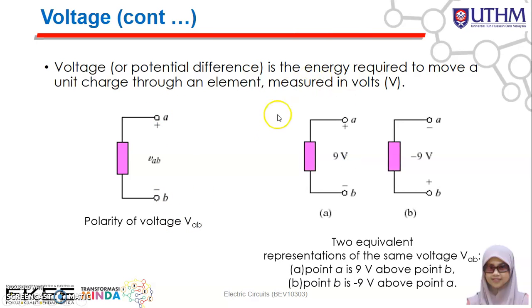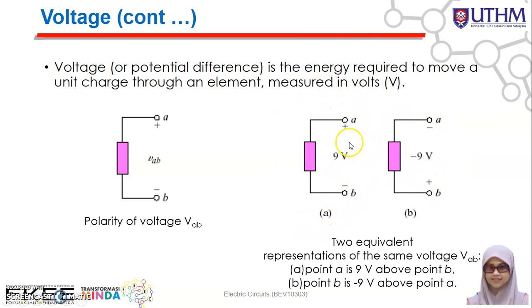Let's say you have two equivalent circuits, basically this circuit and this circuit. Here you put positive, negative, with positive 9 volt. In the other, here is negative and here is positive, and you put negative 9 volt. It's actually this circuit and this circuit are equivalent.